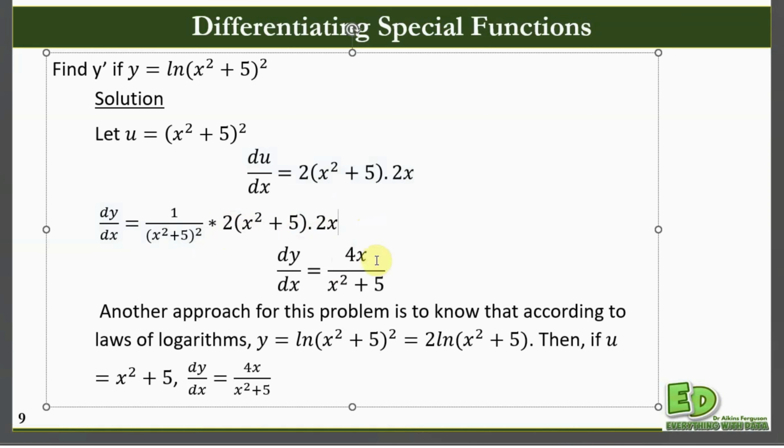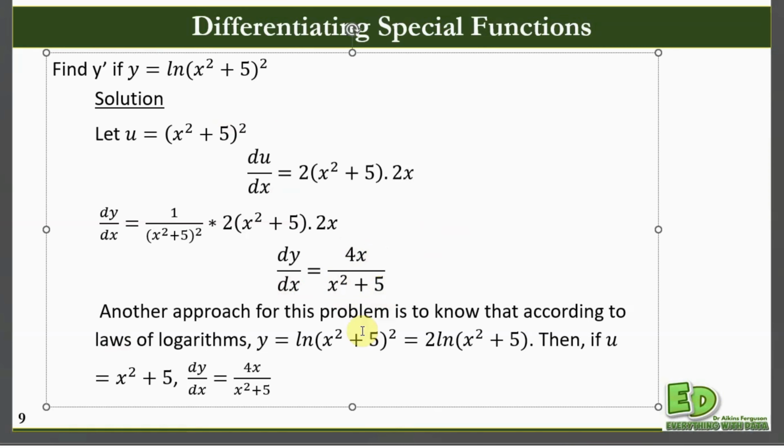So you would have 4x into bracket x squared plus 5 all over (x squared plus 5) all squared. But the x squared plus 5 here will cancel one of the x squared plus 5 factors in the squared term, and you'll be left with this final answer: the differential of this function is equal to 4x over x squared plus 5.